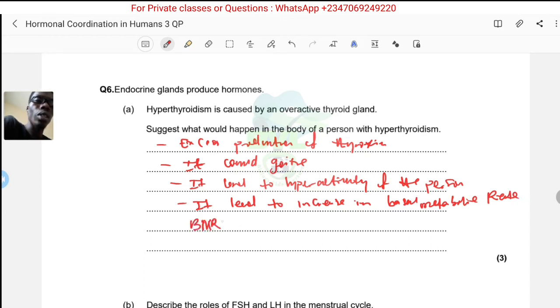There's a word we use, it's an index. So you could just say it leads to an increase in metabolism or an increase in basal metabolic rate, because the one major function of thyroxine is it helps in metabolism. All right. So you might want to just pick 3 of those points for your 3 marker here.